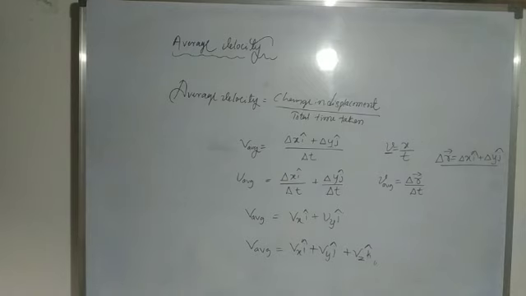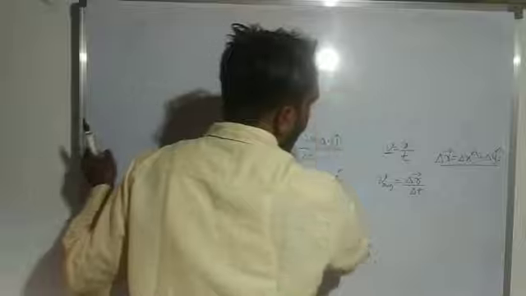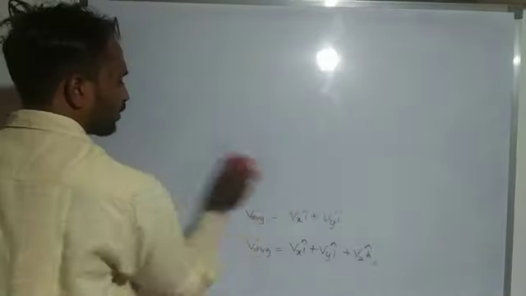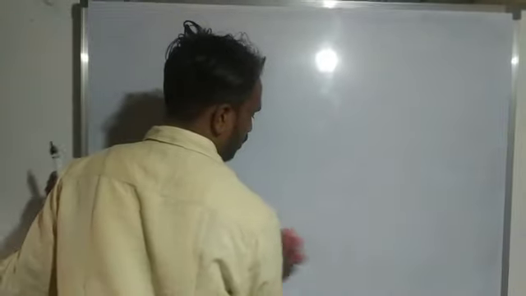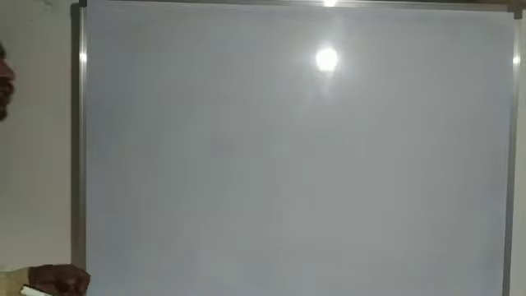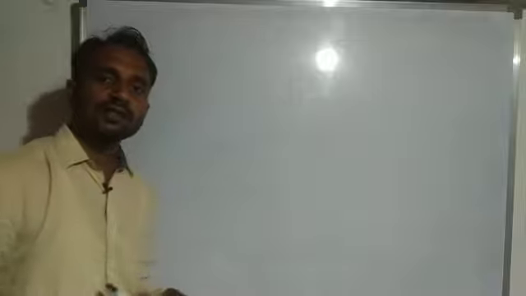The next concept is average acceleration. In average acceleration, you already know it is total change in velocity by time taken. That is, average acceleration is final velocity minus initial velocity divided by time.